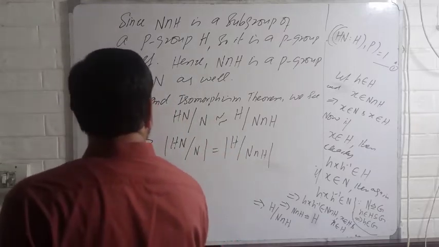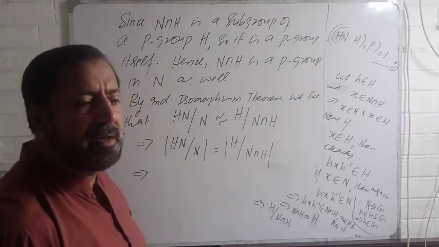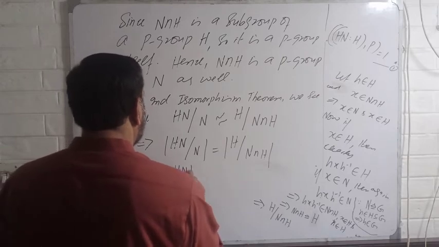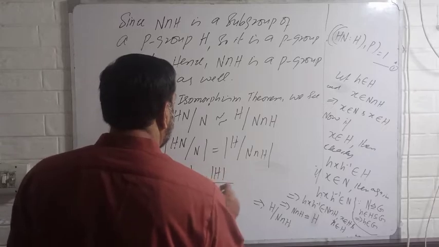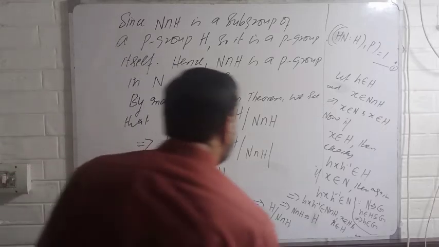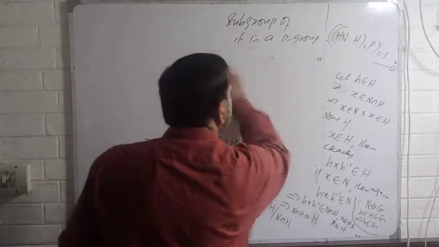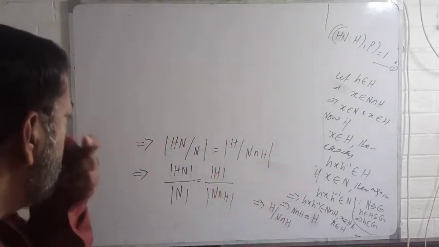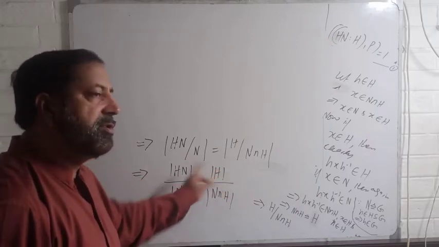So this implies the order of the quotient group is in fact the order of G by order of H. So this is order of HN by order of N. This is equal to order of H by order of N intersection H, and this further can be written as, okay, because we want to move towards HN by H, so that's why you can replace these two.